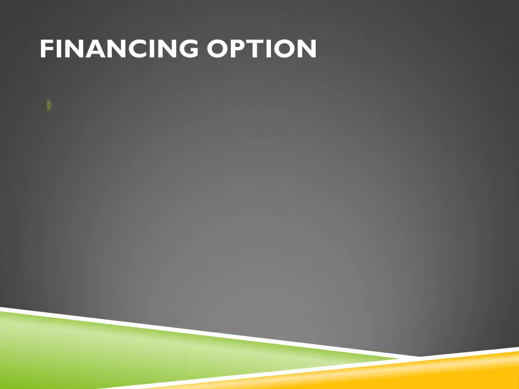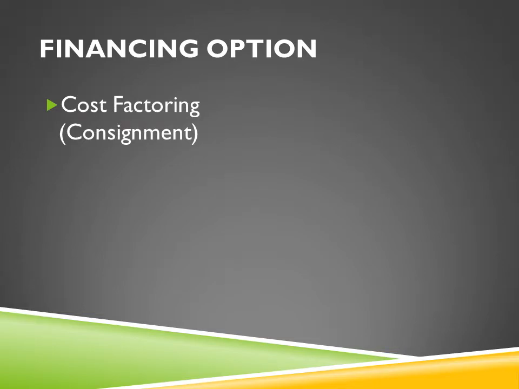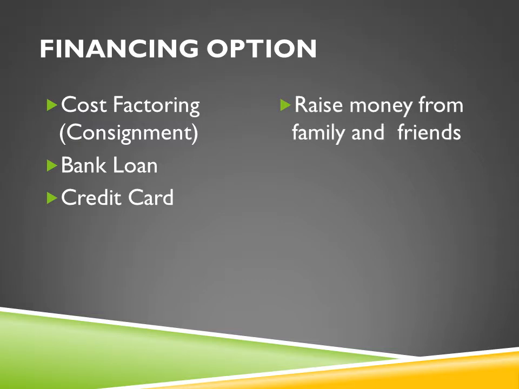So the first one, you can have cost factoring or consignment. You can also get from bank loans, credit cards. You can also raise money from family and friends or even get a microloan.